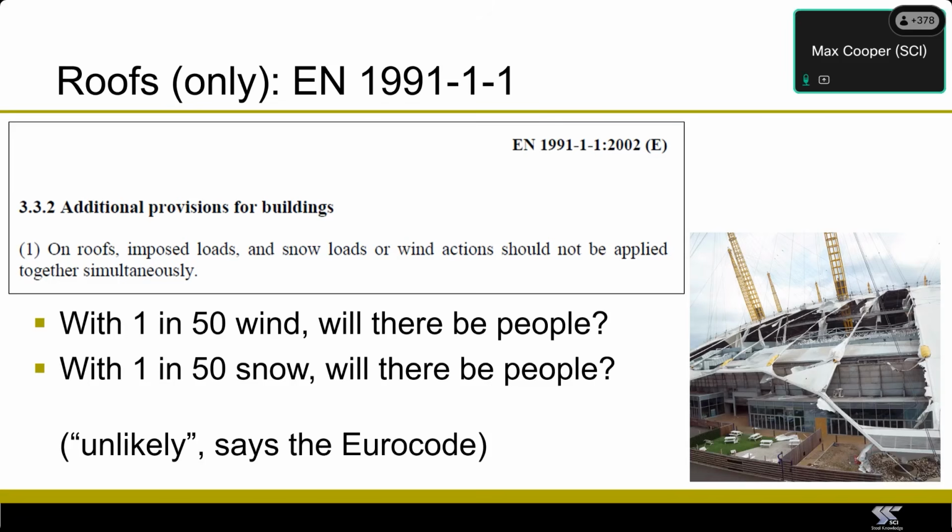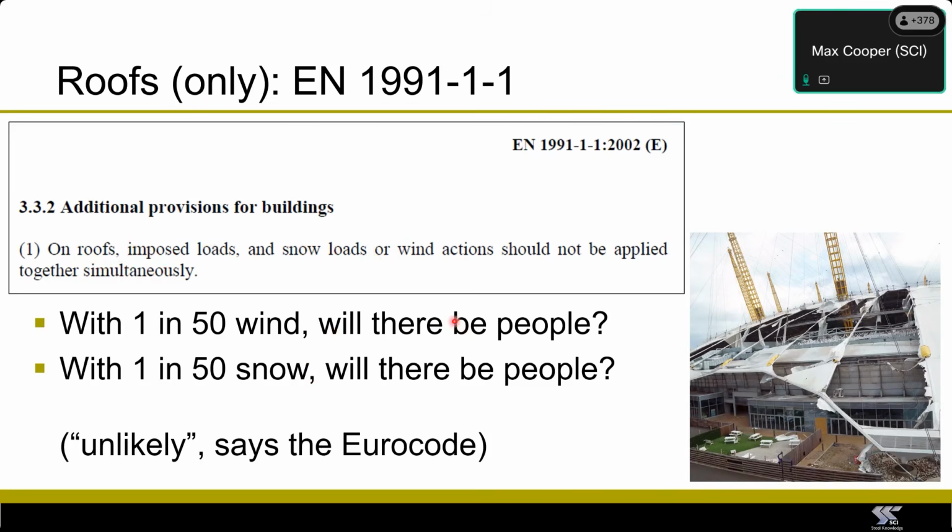One very important clause to highlight from EN 1991 Part 1-1 is clause 3.3.2, the additional provisions for buildings. You'll see that on roofs, imposed loads and snow loads or wind actions should not be applied simultaneously.